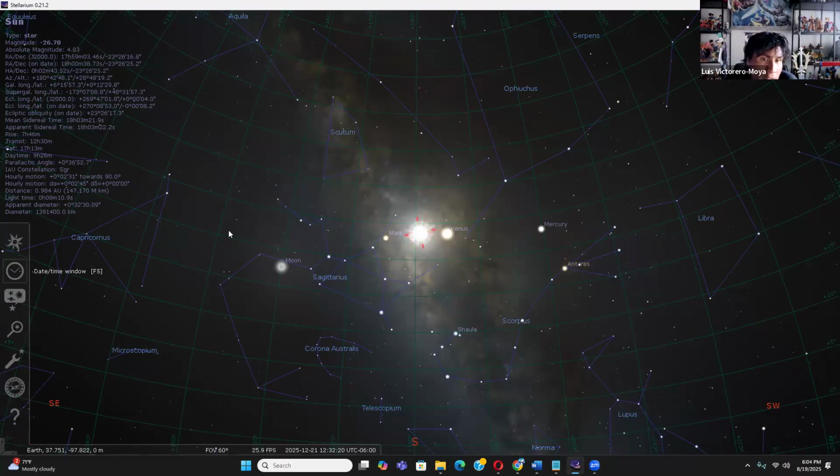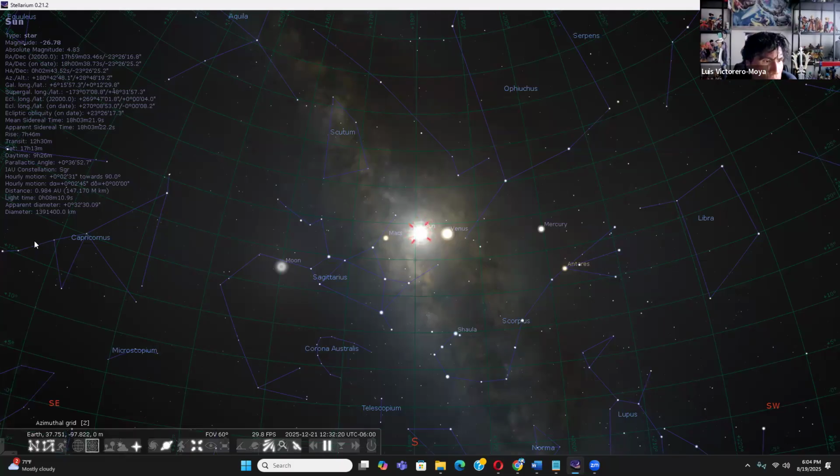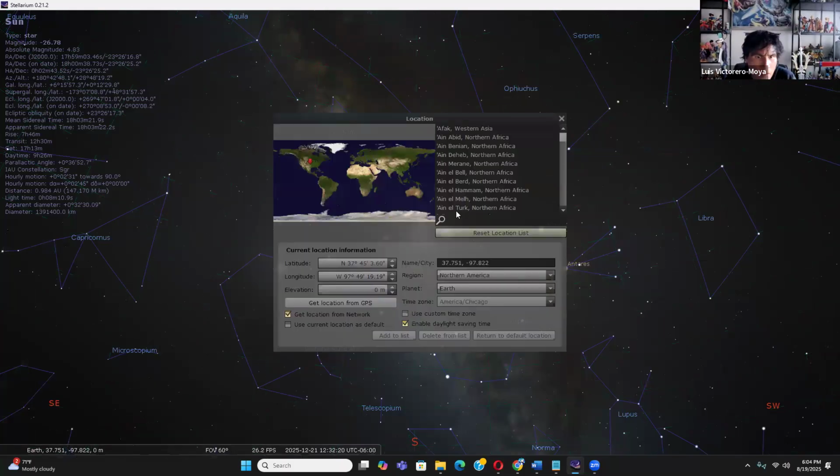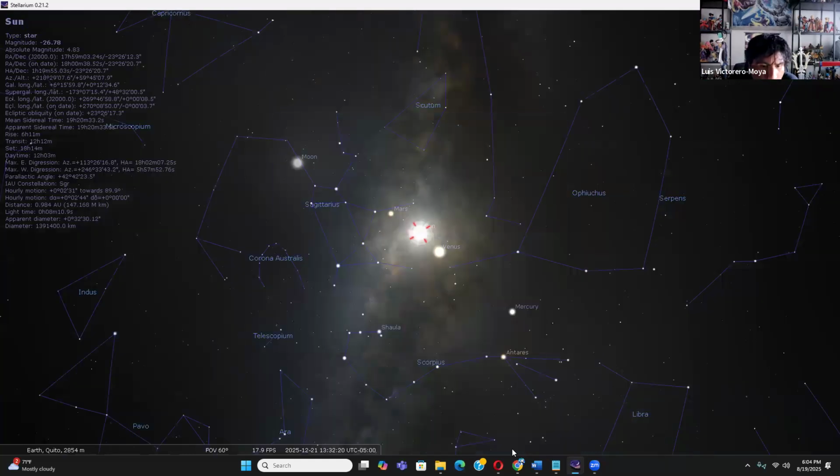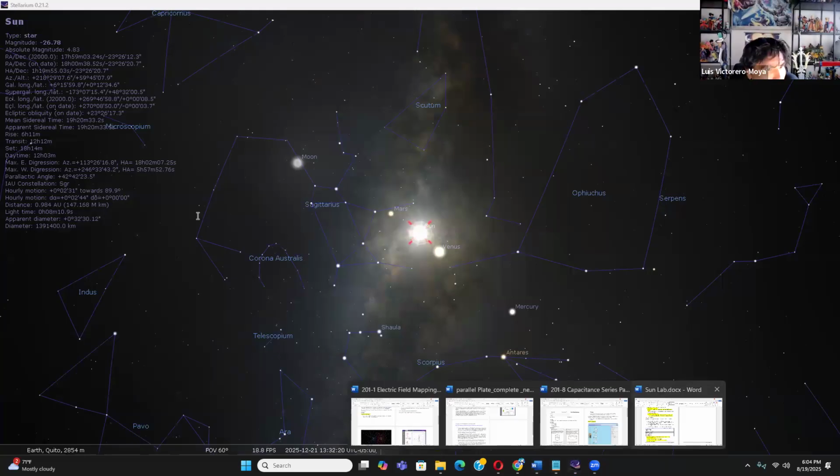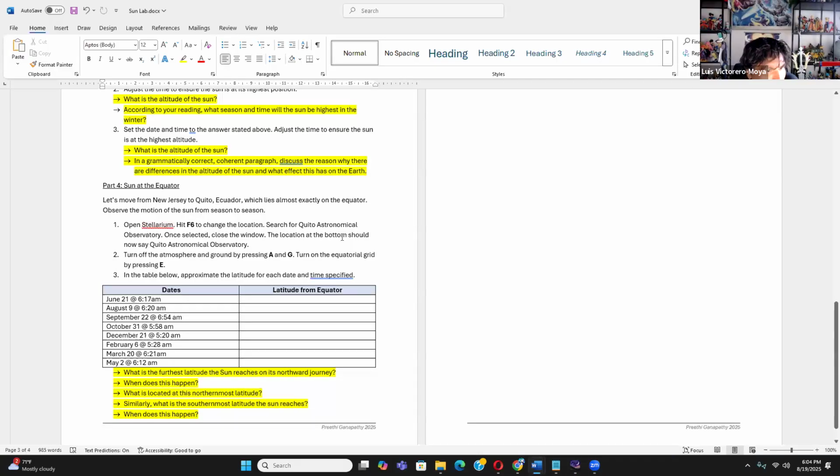It's basically in Quito, so we're going to go there right now. You can go to location, Quito, South America. You're going to turn off the atmosphere, turn on the equatorial grid, and then look at the latitude from the equator.